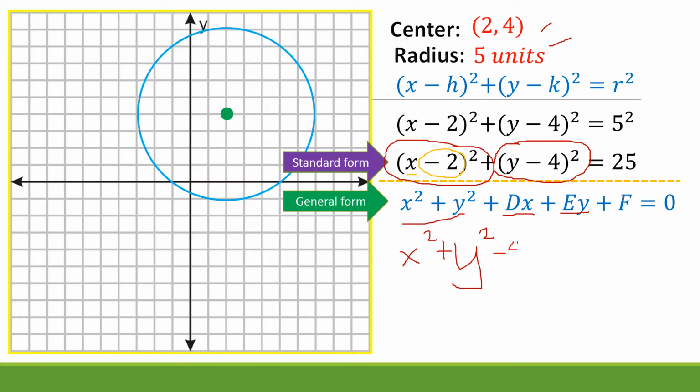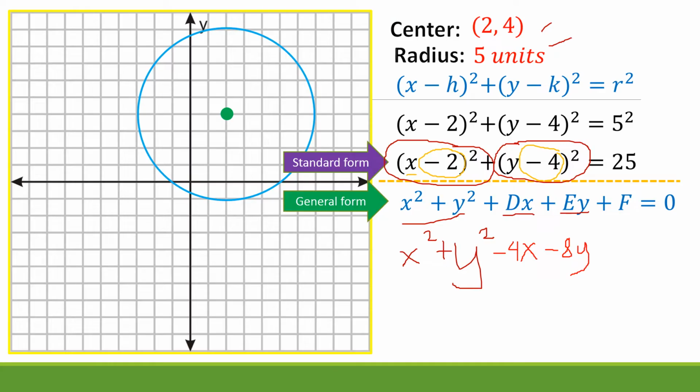Since that value came from the x quantity, we're going to have -4x. Next, for the y part, we do have -4 here, times 2 again, which gives us -8. This one came from the y part, so -8y. Okay, so we are done with the first 4 terms.